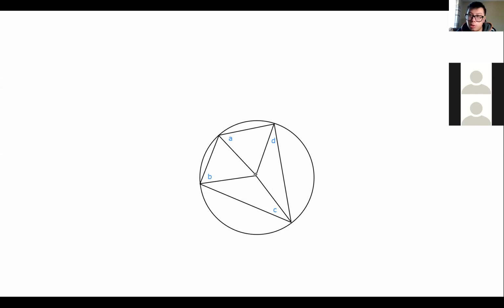And that means that 2 of the angles of each triangle have to be equal as well. And so we have another angle A, another angle B, right here that's B, angle C, and angle D.